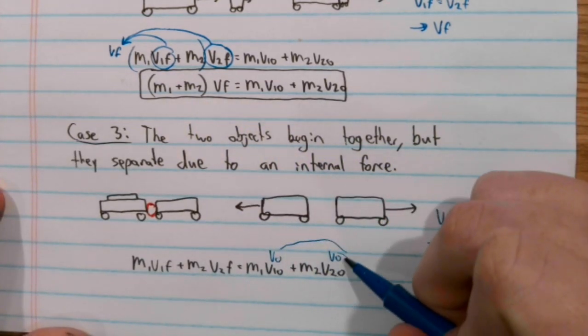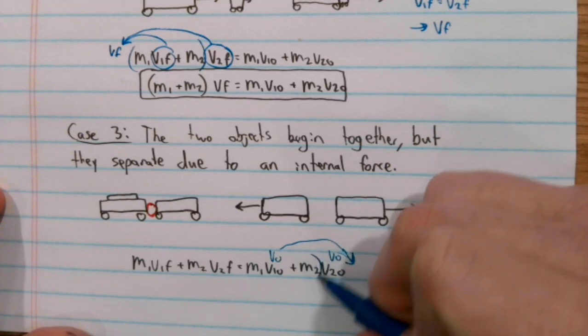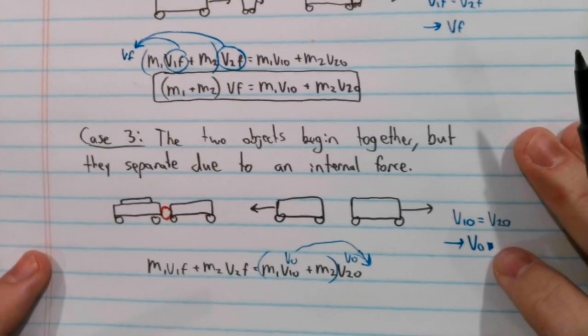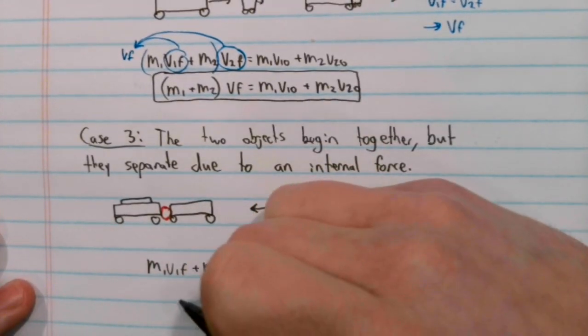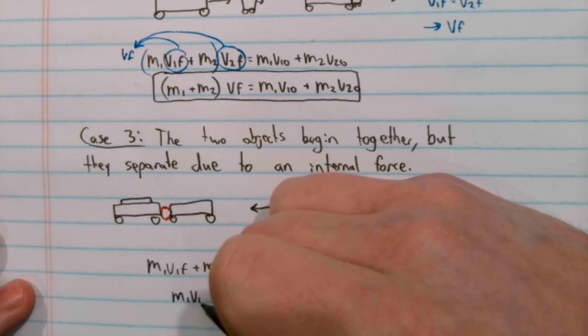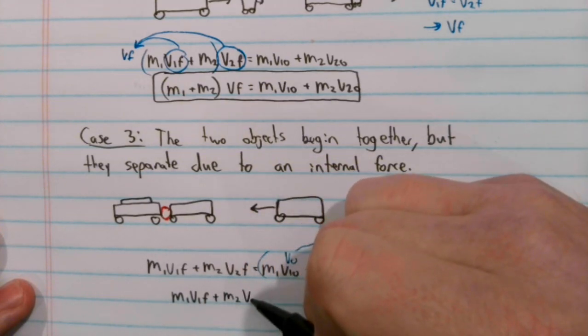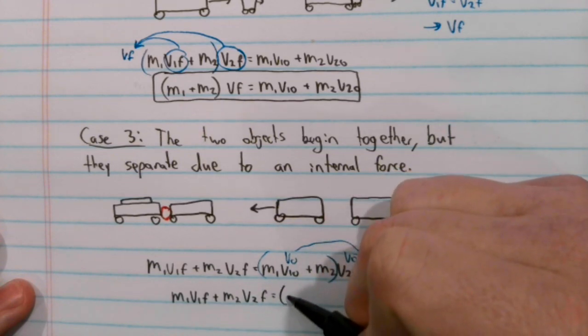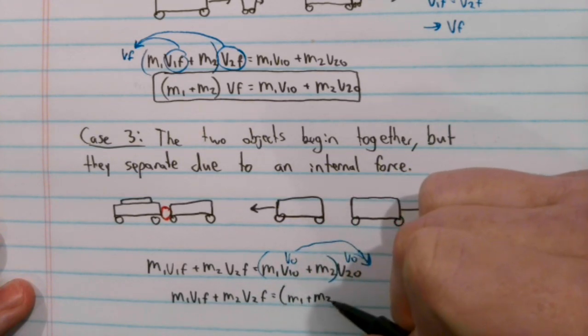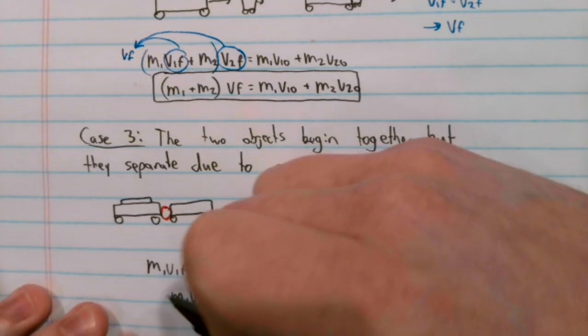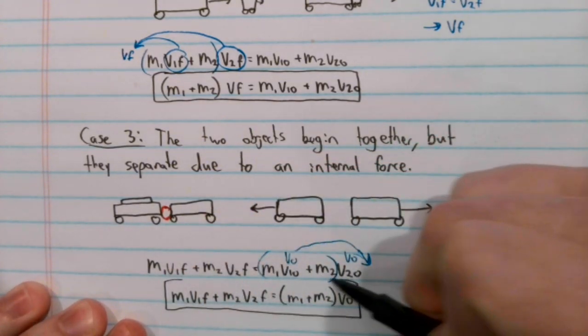I'm going to factor them forward because I like to have the velocity on the right. So we'll have M1 plus M2, that whole term being multiplied by VO. So here we have it, M1 V1 final plus M2 V2 final equals M1 plus M2 times VO. And there's our third equation for the day.